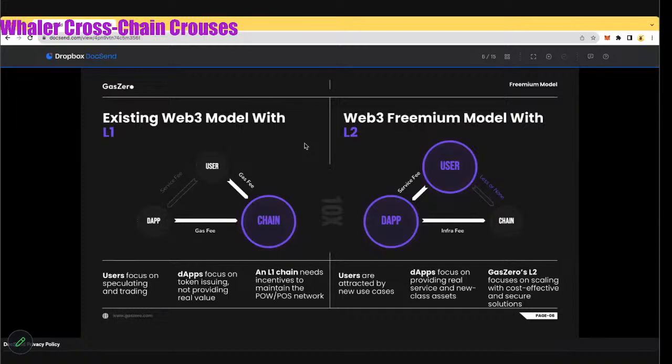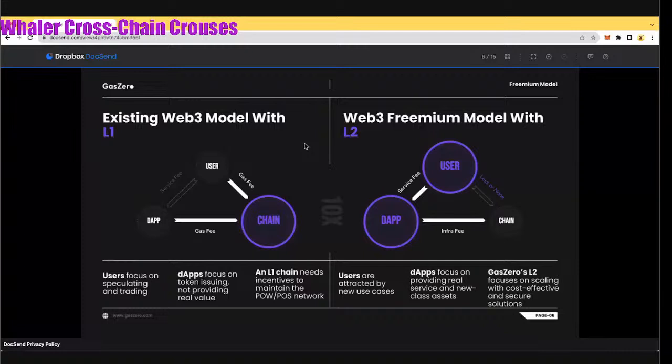When a user comes, the user needs to pay service fees for the dApps, and gas fees for the chain in order to interact with the blockchain. And the dApp on their part needs to pay gas fees for the blockchain as well.